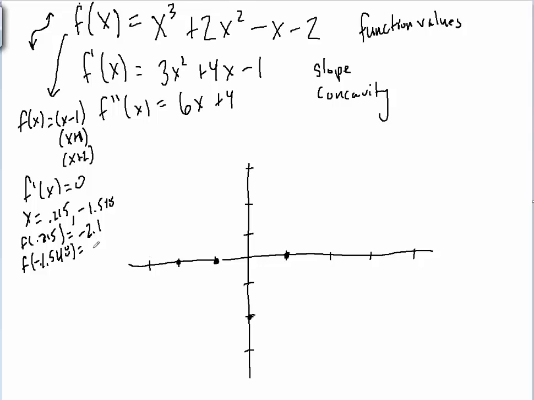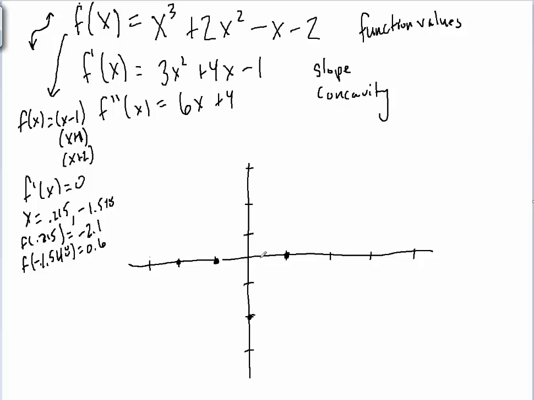-1.548 is roughly 0.6. So finding the critical values where the derivative function equals 0, we got x values of 0.215 and -1.548. And if we find the associated function values, we have points which are potential relative maxima, relative minima.